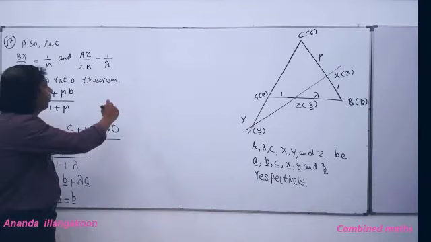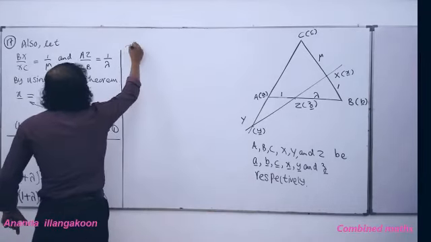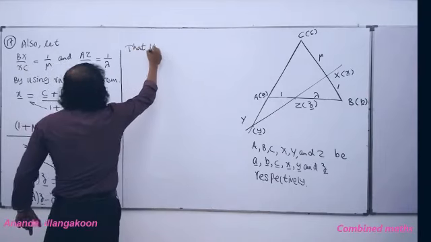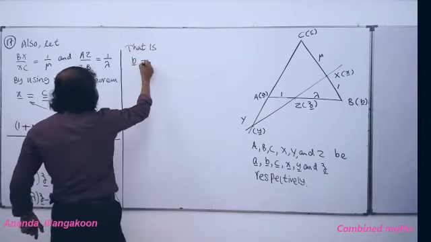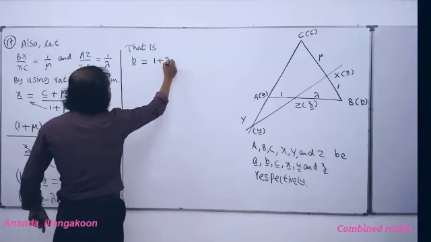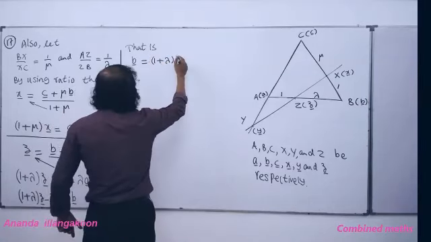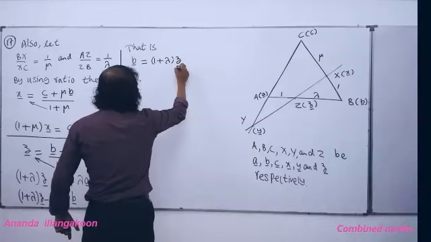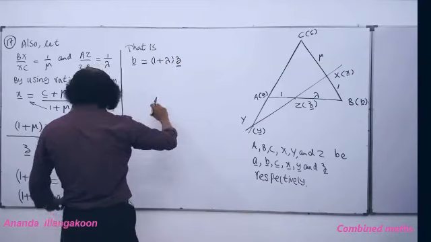Right. That is simple b vector is equal to this: 1 plus lambda times z vector minus lambda.